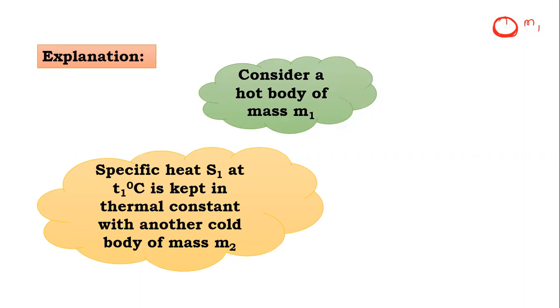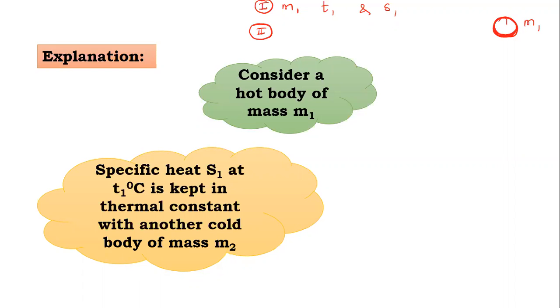So for body 1, the mass is M1, the temperature is T1, and the specific heat is S1.